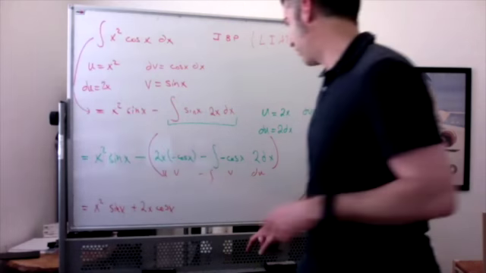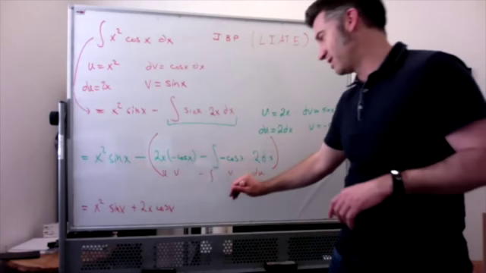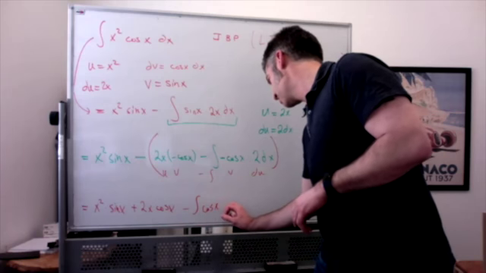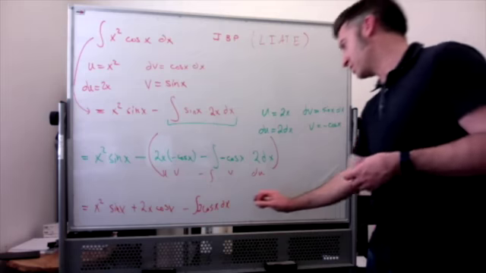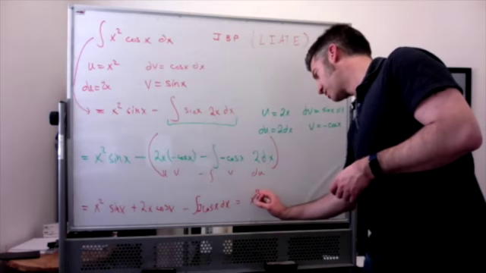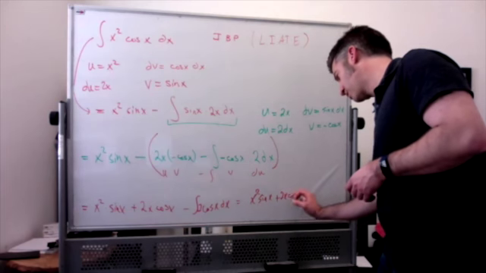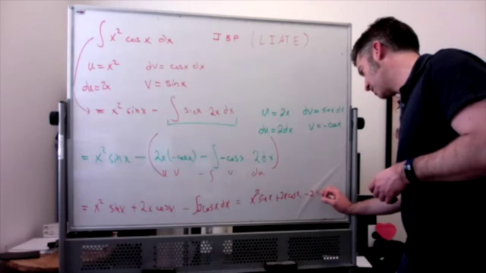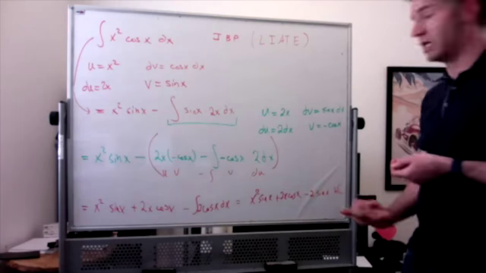And look what I've got here: minus a minus a minus. So that's minus the integral of 2 cosine of x dx, which is going to equal x squared sine of x plus 2x cosine of x minus 2 times sine of x, because the integral of cosine is positive sine, plus C.